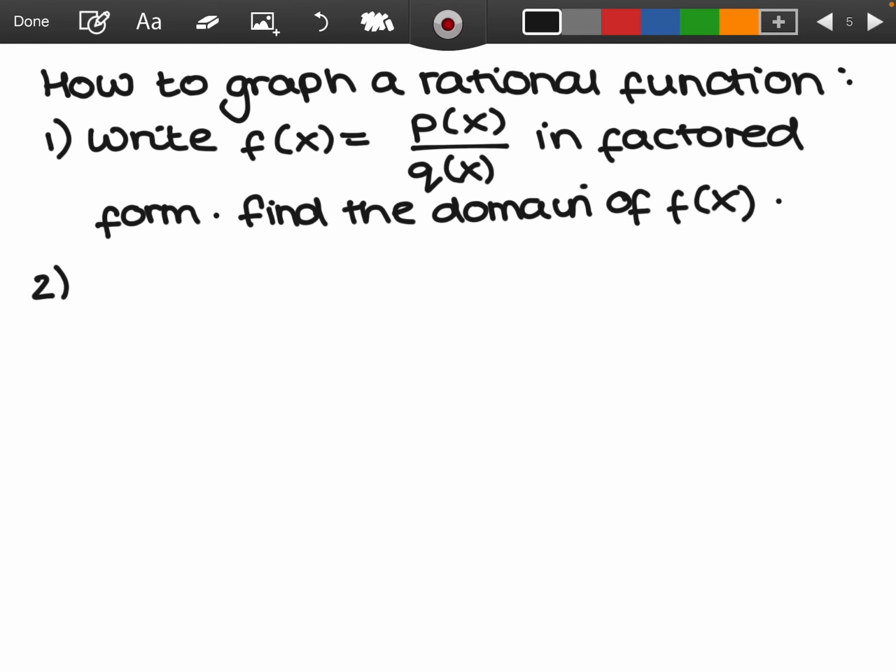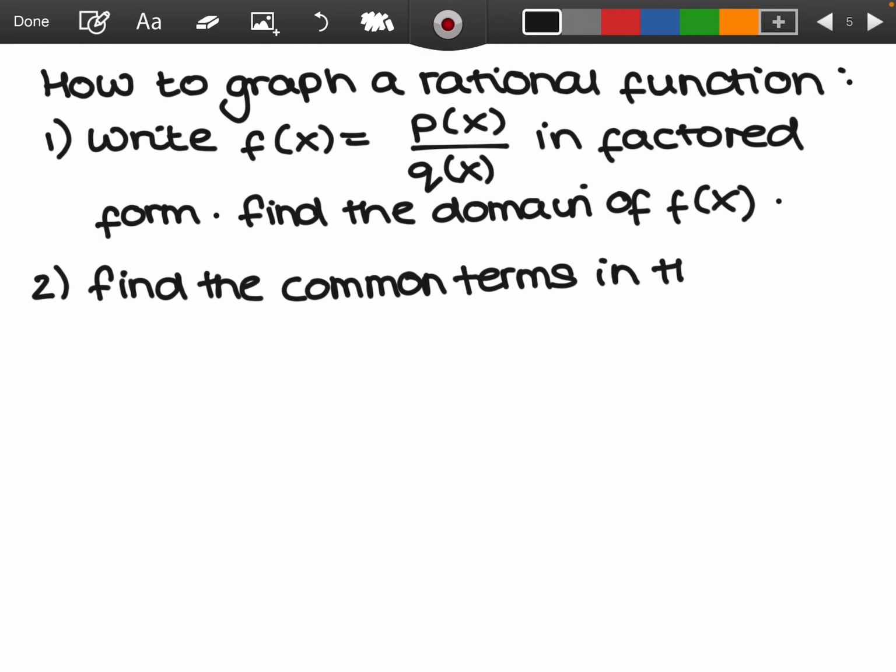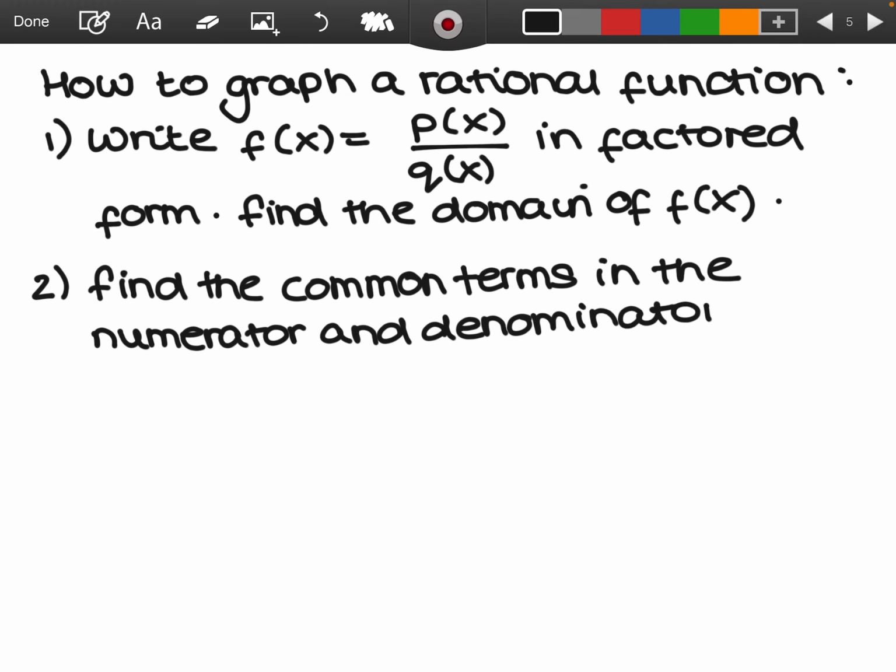Next thing you're going to do is to find the common terms in the numerator and denominator. Okay, so that's what we did in order to find the holes. So find the common terms in the numerator and denominator, and use those to find the holes in the function.